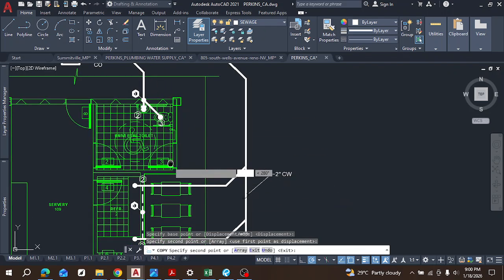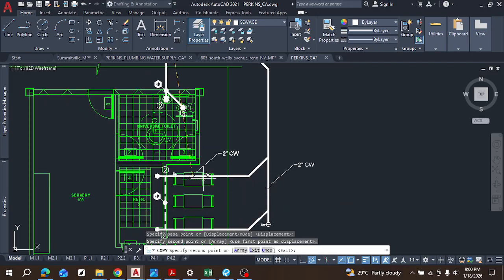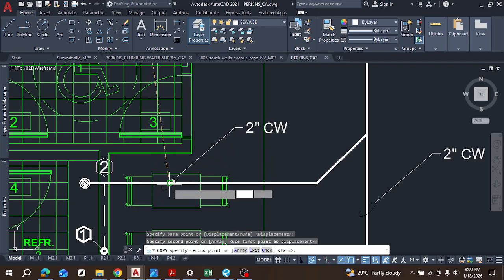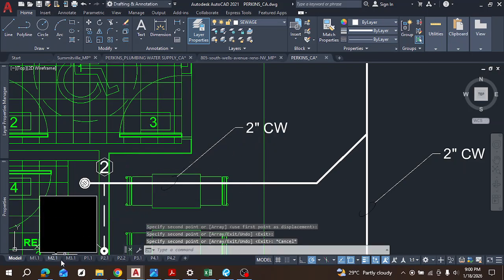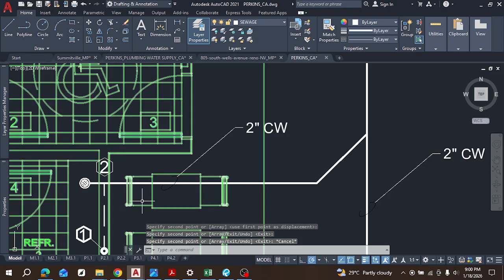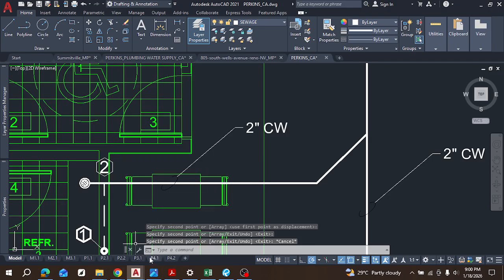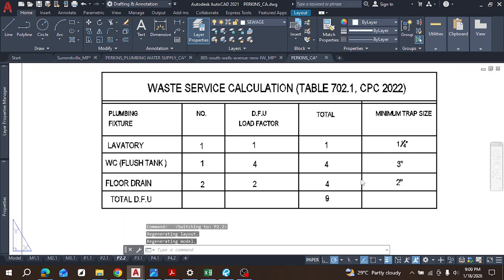Now I'm just going to maintain 2 inches everywhere, right? Because if you notice here, you have a minimum of 1/4.